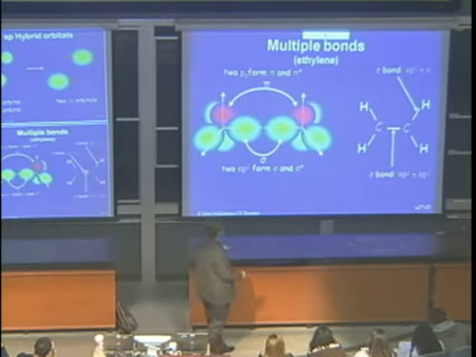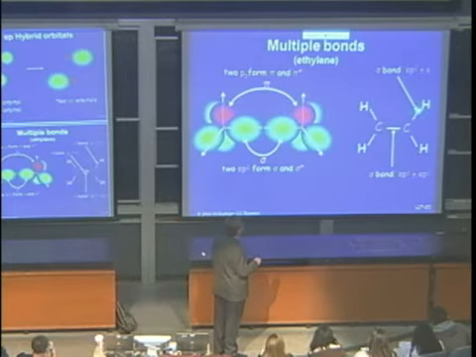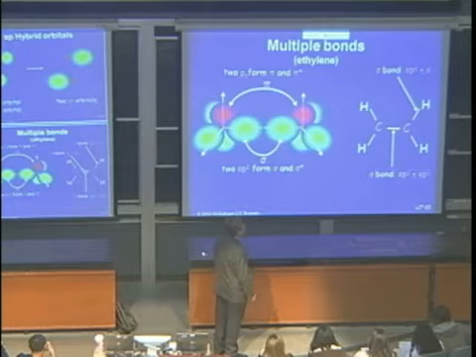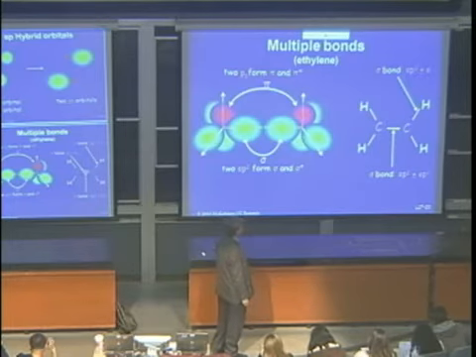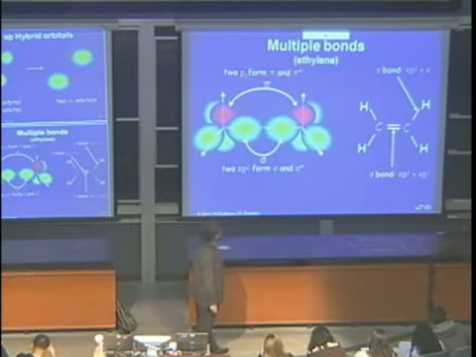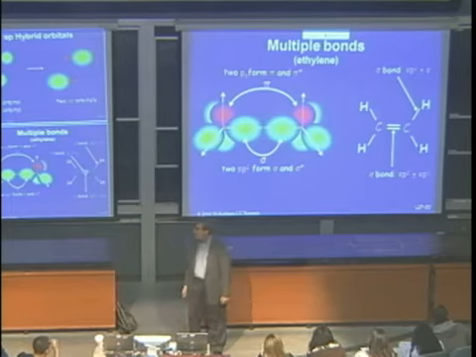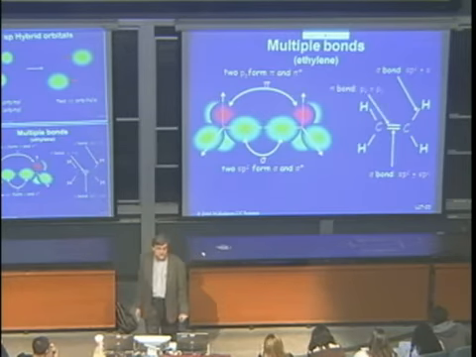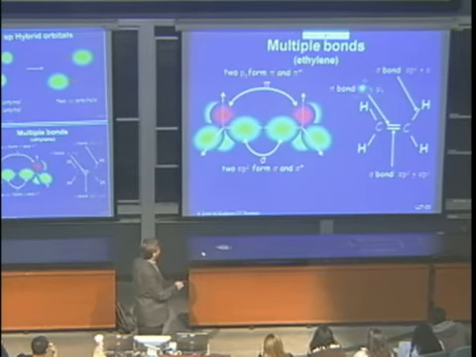Okay, so we have 1 sigma bond, 2 sigma bonds, 3 sigma bonds, 4 sigma bonds, 5 sigma bonds. Isn't that right? Okay. And then we have this here, and what is that? That's our pi bond, and that comes from the p orbitals.